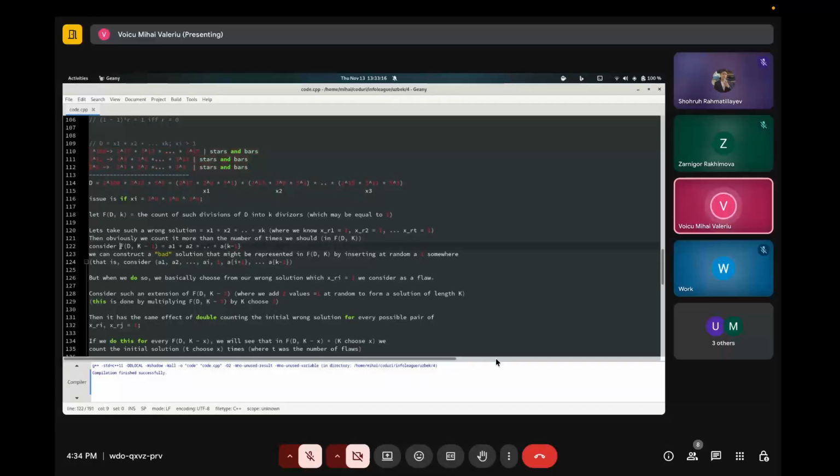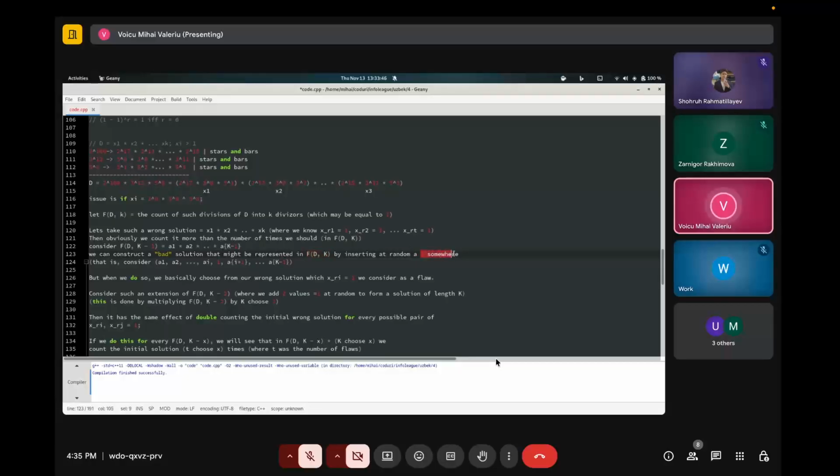But then consider the count of solutions of splitting d into k minus 1 numbers. And what we can do now is construct a bad solution starting from this solution that might be represented in fd of k.